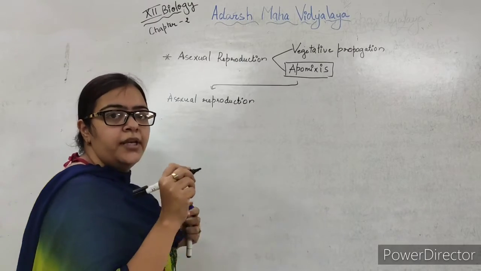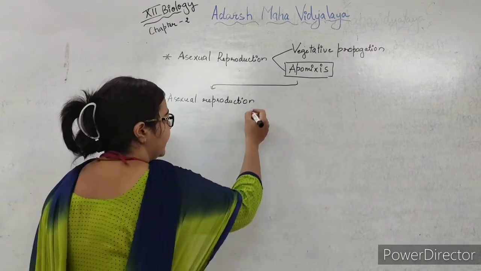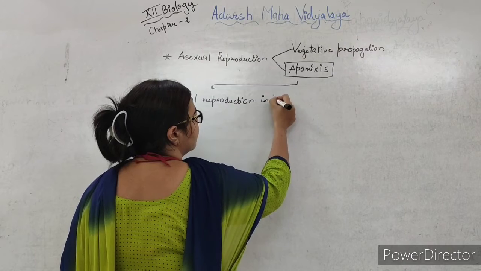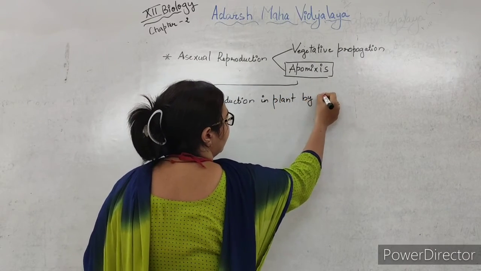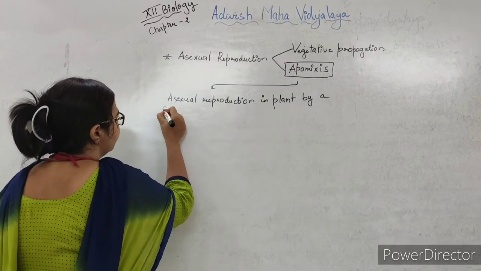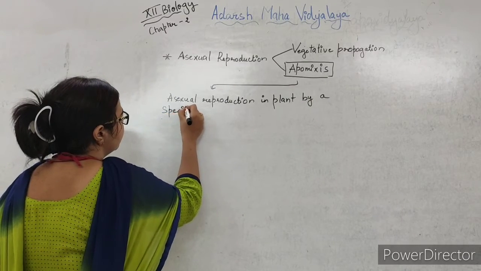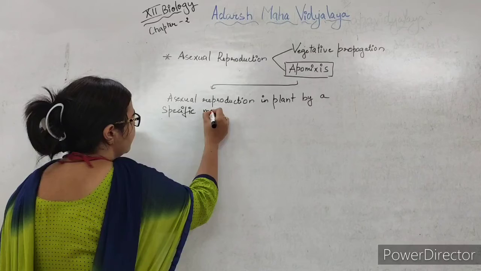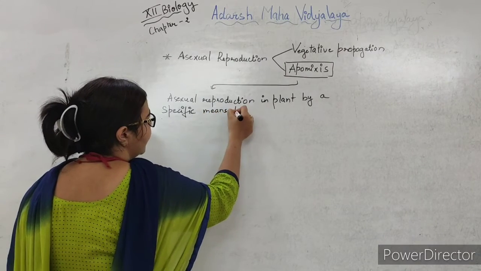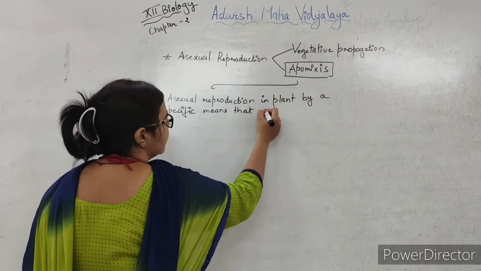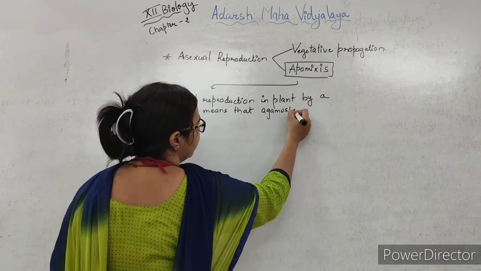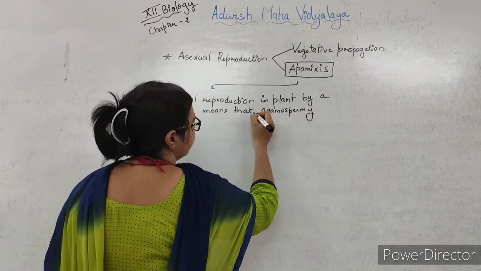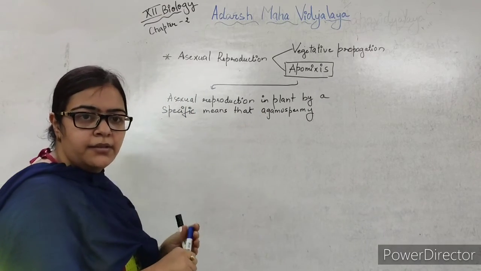So we can say that this is a kind of asexual reproduction in plants by a specific means, that is what?